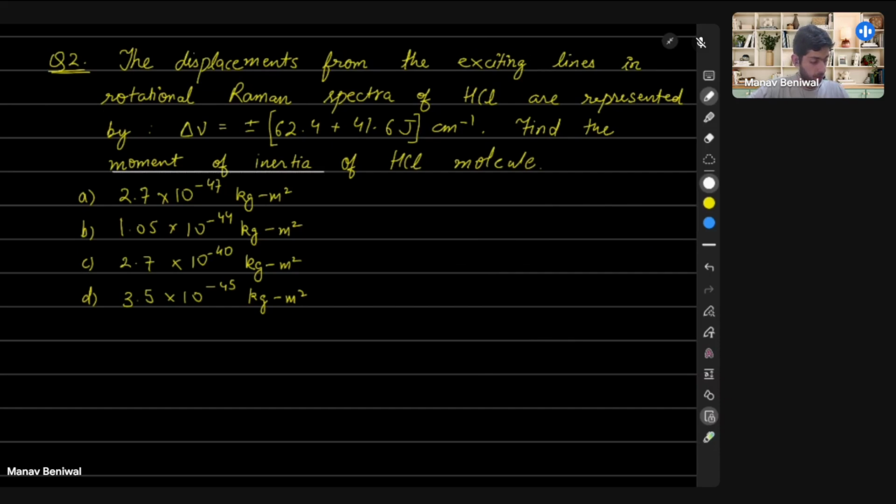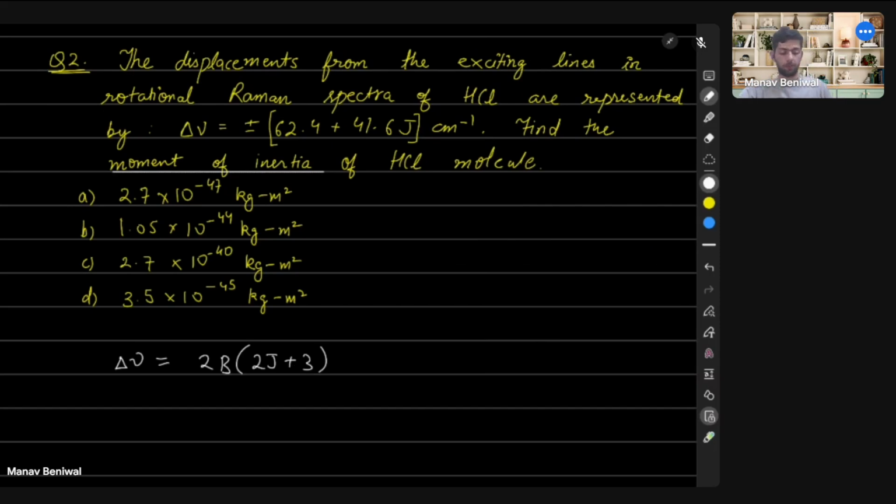So first of all, let us write delta nu, and the equation that we know is 2B(2J plus 3).